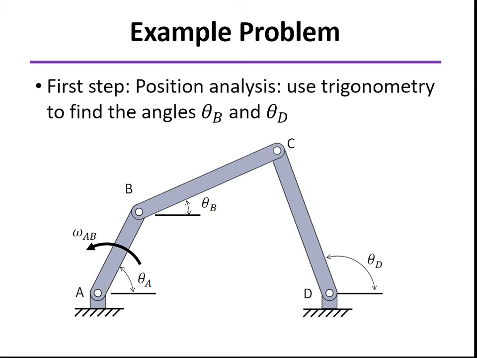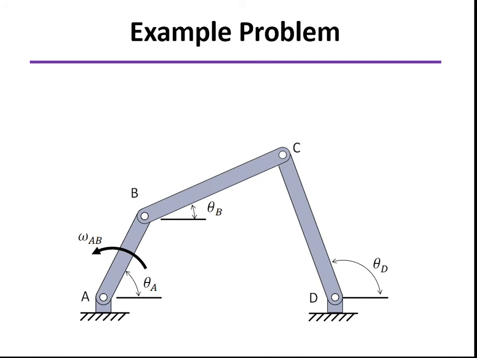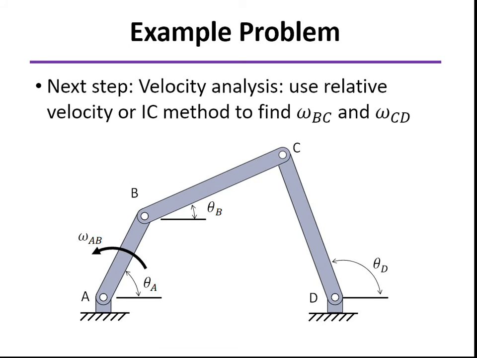We have to know the angles to be able to write the position vectors. Secondly, because our acceleration equations involve the angular velocities omegas, we have to do velocity analysis next. So we have to do the position and velocity analysis before we're even ready to start with the acceleration analysis.